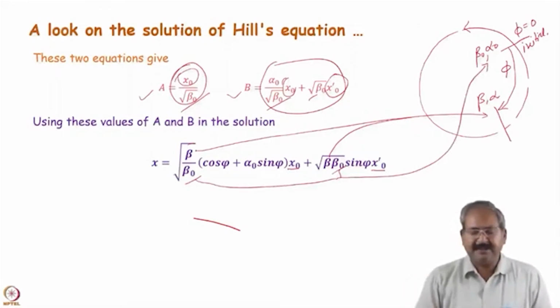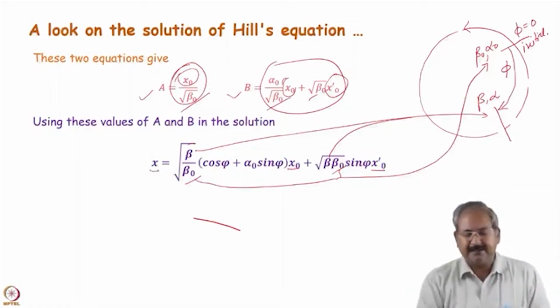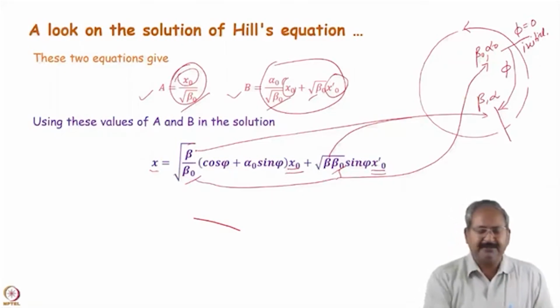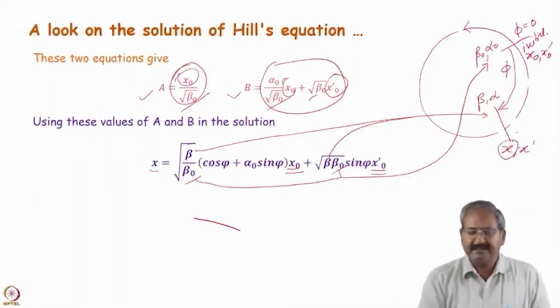So now you can see that x has been written down in terms of x0 and x prime 0, that is, in terms of the initial coordinates. The coordinates here were x0 and x0 prime, and the coordinates here are x and x prime. We did this using the transfer matrices.